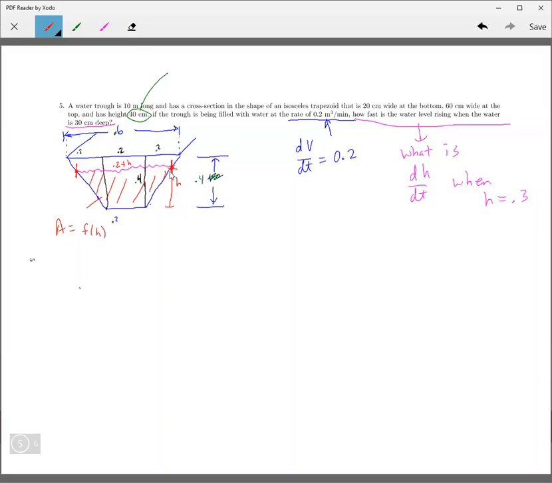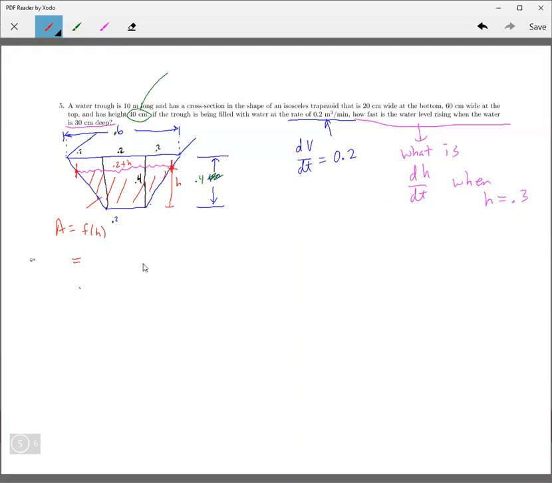So it's kind of a linear thing. And when it's here, it's just 0.2 plus 0. This distance at the very top is 0.2 plus 0.4, which is 0.2 plus the height.